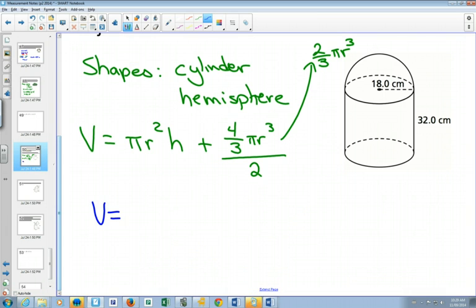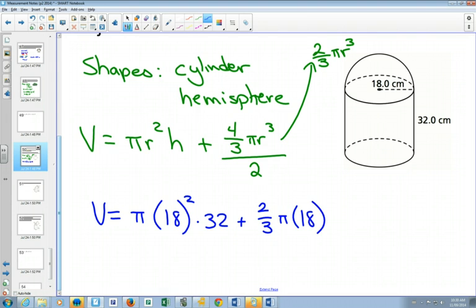So what you'd type into your calculator is pi times the radius, 18 squared, times the height of 32, plus, I'm going to write the 2/3 pi. The radius is 18 cubed.